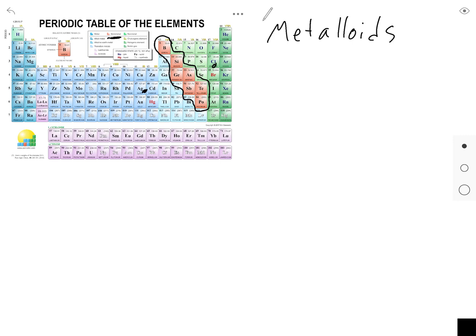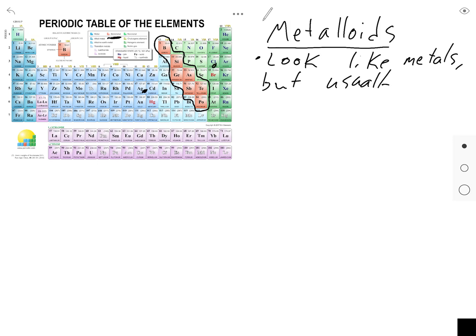Metalloids are interesting. They're sort of what they sound like. They're sort of halfway between metals and nonmetals. So they kind of look like metals, kind of shiny. But usually they don't conduct electricity. We're going to talk about why it's "usually."